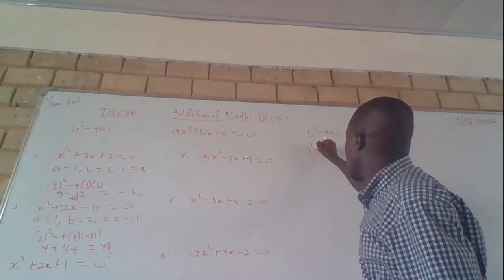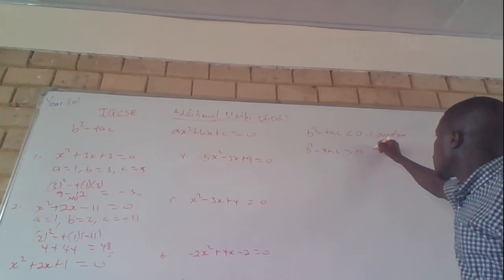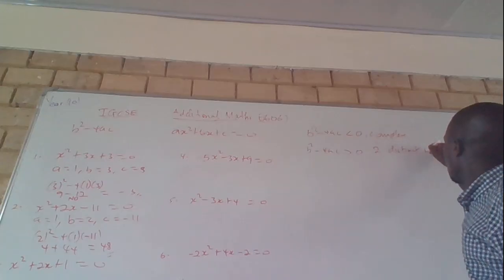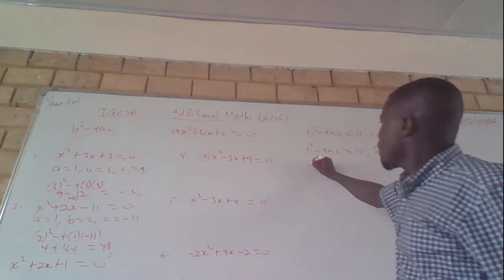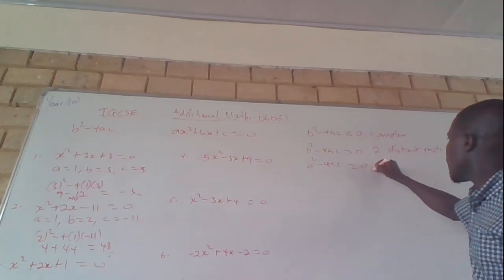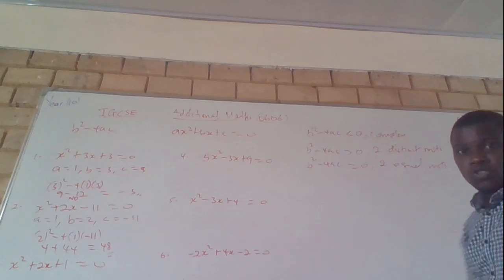If b squared minus 4ac is greater than 0, we have two distinct roots. Then if b squared minus 4ac is equal to 0, we have two equal roots.